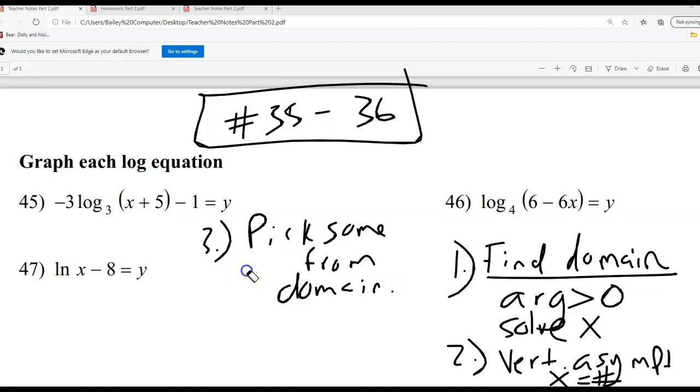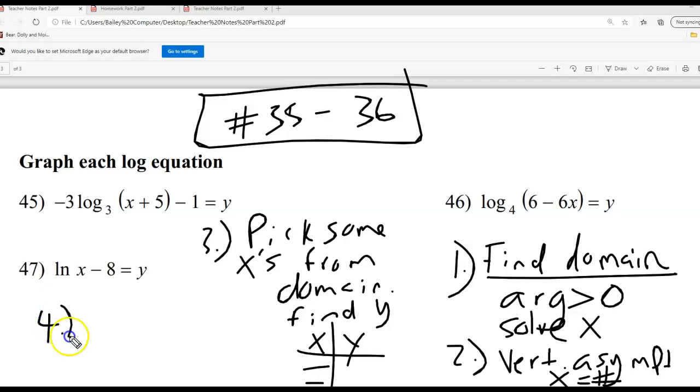That's kind of an ugly rewrite. So we're going to pick some x's from our domain, and we're going to find y. So we're going to put an x here, y here, and we're just going to pick some numbers to plug in from our domain there. Okay. The fourth step is plot and graph.